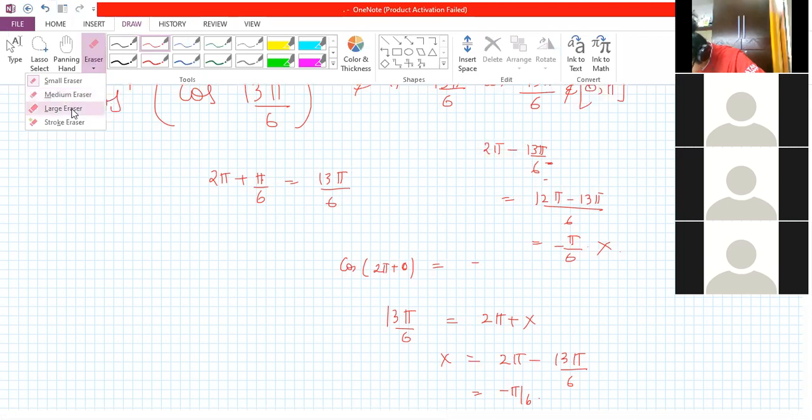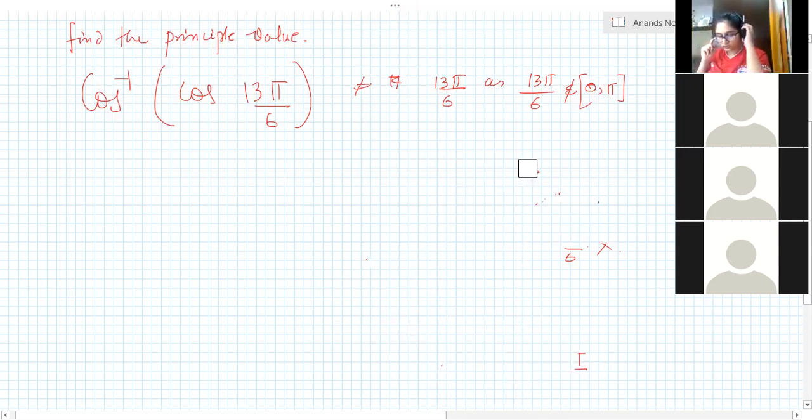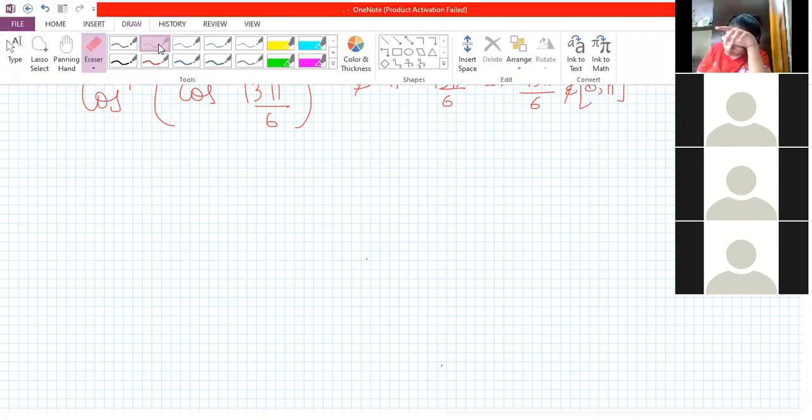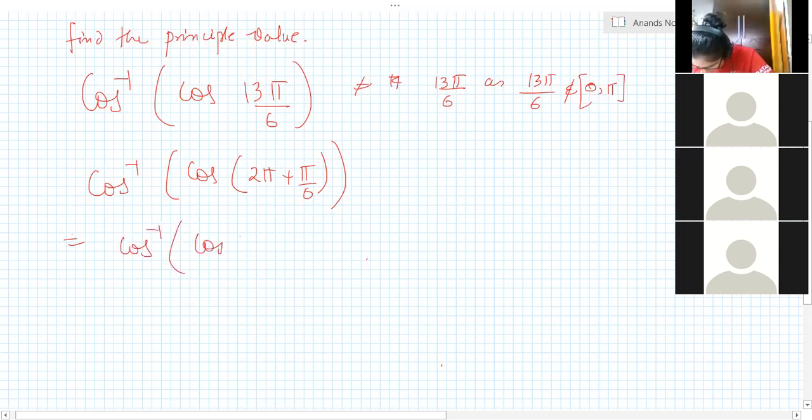So we can write cos 13 pi by 6 as cos of 2 pi plus pi by 6. And cos of 2 pi plus pi by 6 is nothing but cos pi by 6, which is equal to pi by 6.